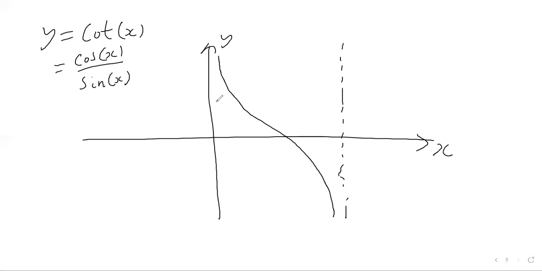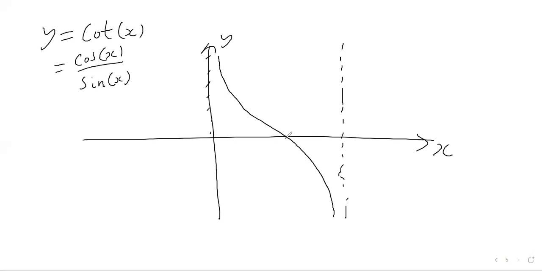What we can see then is as the x value tends to 0, we get a cot value tending to infinity, which is true because cos at 0 is 1 and sine at 0 is 0. So 1 divided by a tiny number tends to infinity, and we get an asymptote there.